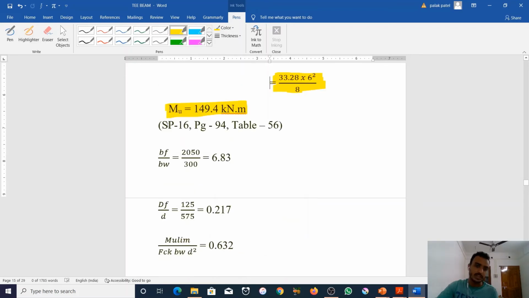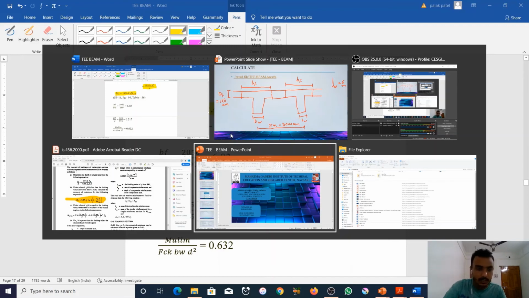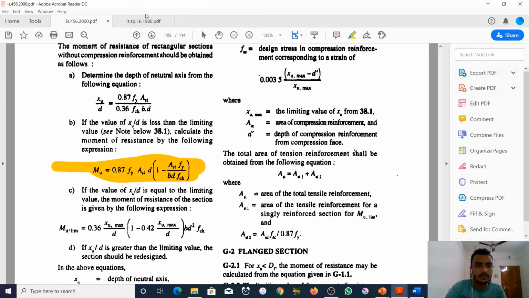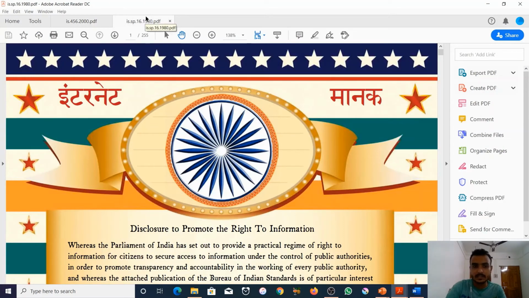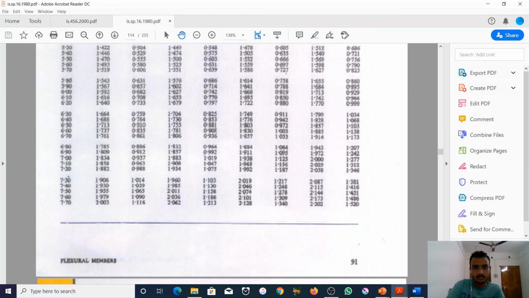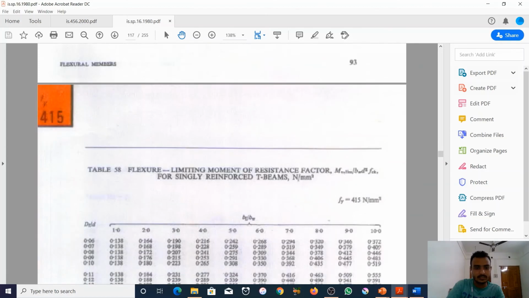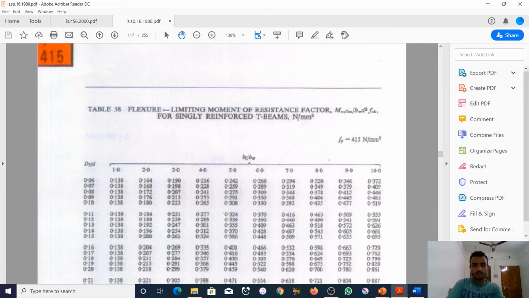For Mu limit we follow SP60 page number 94 table 56. I have SP60 here. Page number is 94.